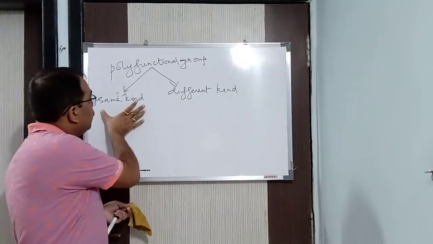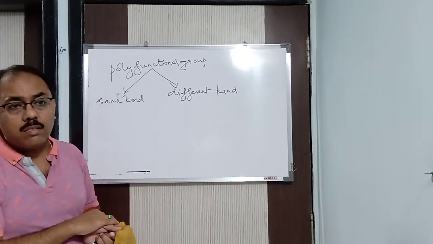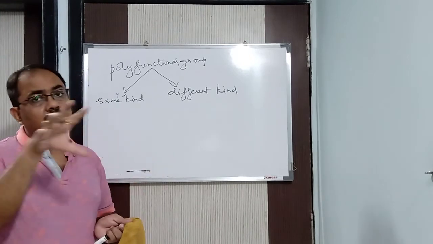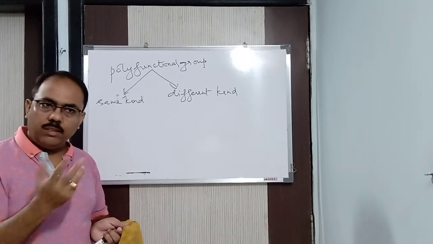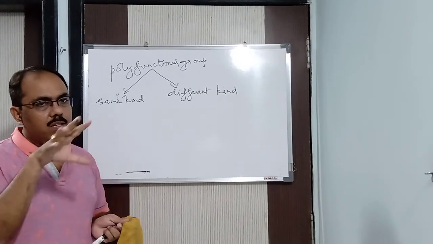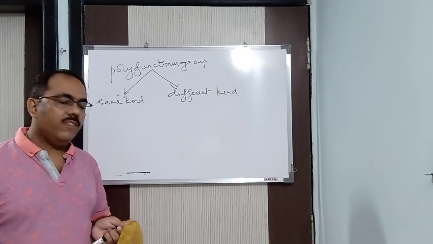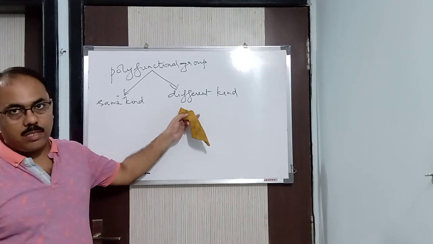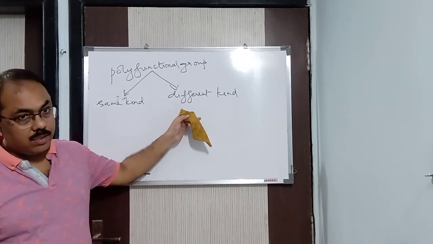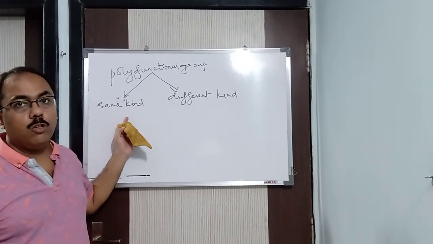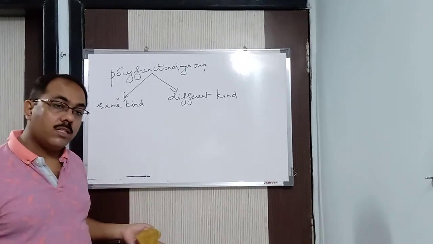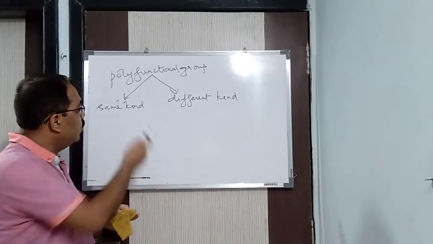So that is said to be the same kind. Different kind means, suppose one is OH, another is COOH, and third is CHO. Different kind. So if different kinds of functional group are present in a given compound, how will you name it? If the same kind of functional group is present in a given compound, how will you name it? Alright, so we have got a rule for both.